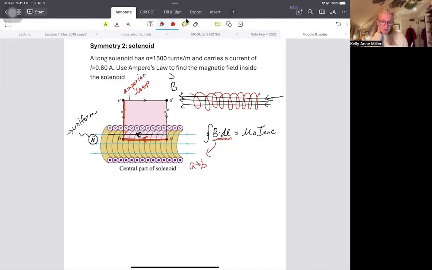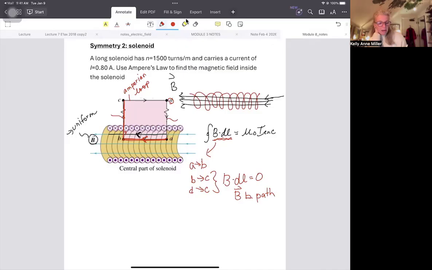So the path from B to C, and similarly from D back to A, is equal to 0 because the B field is perpendicular to the path. As I go around the loop, these sides don't contribute anything.